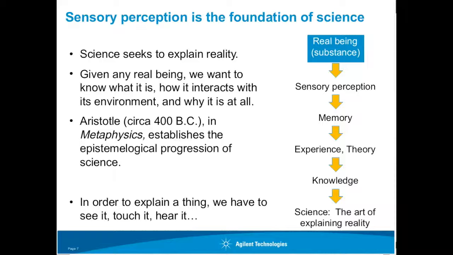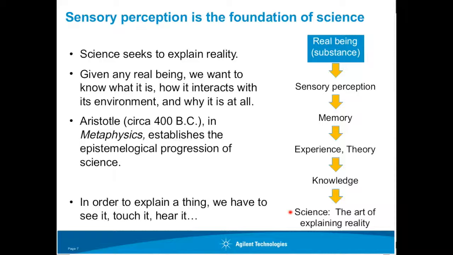And we perceive reality with our senses. And then by means of memory, we integrate perception to form experience. And then we make sense of this experience by means of theory in order to achieve knowledge. And we call science that accumulated knowledge which apprehends reality.